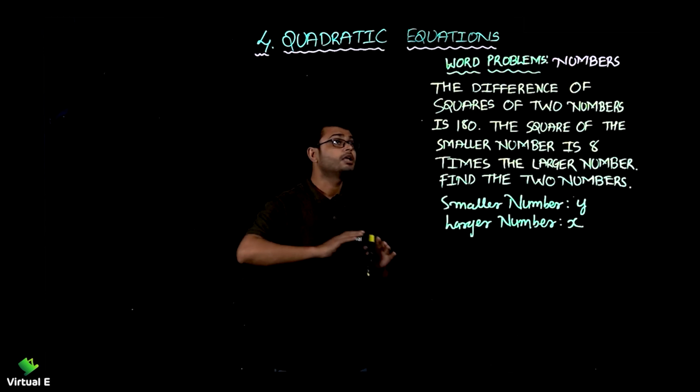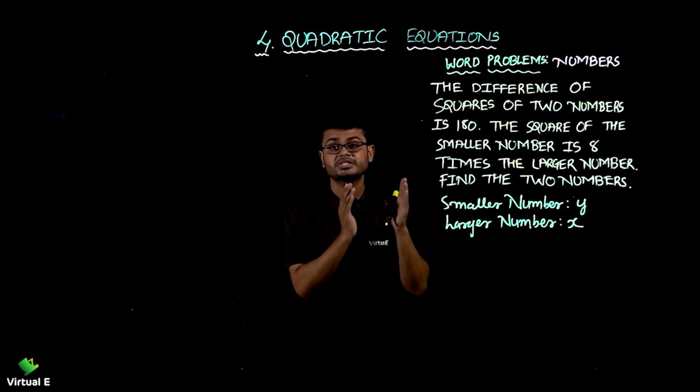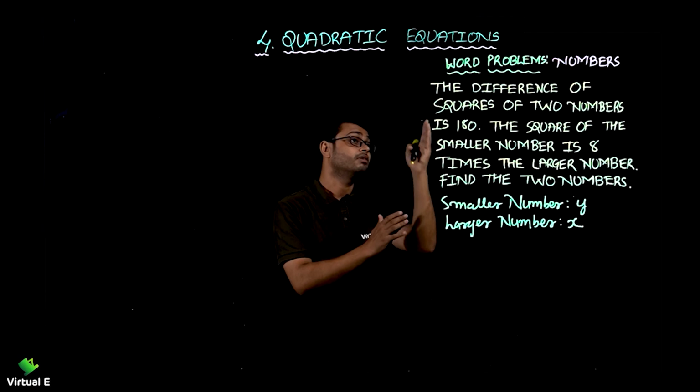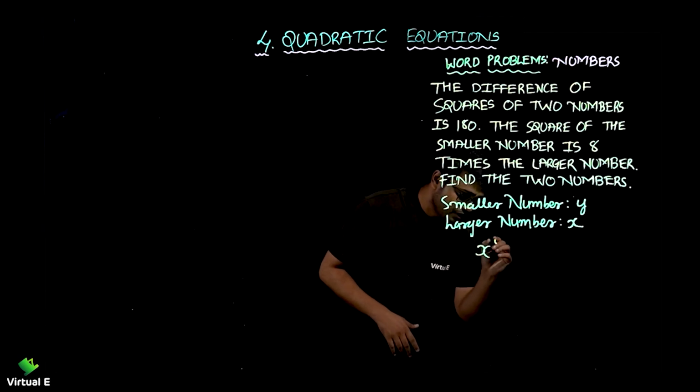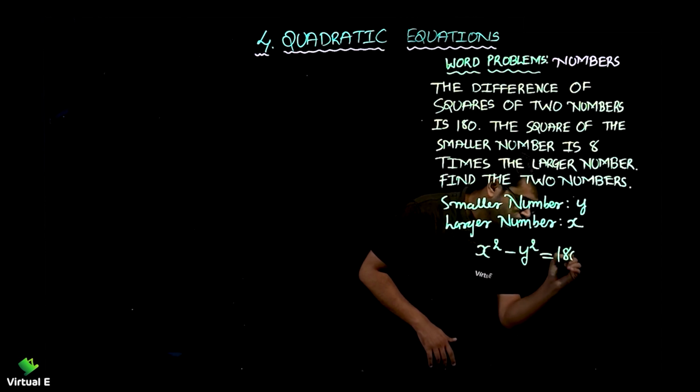Done. Now we need to do the square, then difference means subtraction. So larger square minus smaller square will give you 180. So x square minus y square is equal to 180.